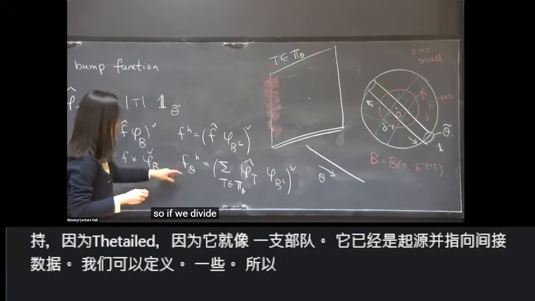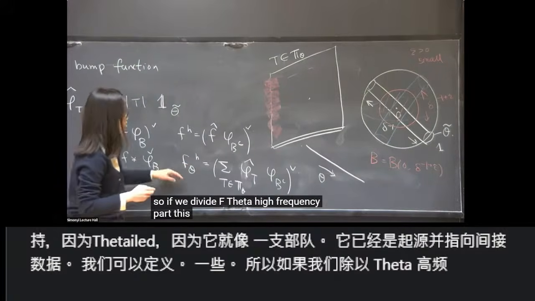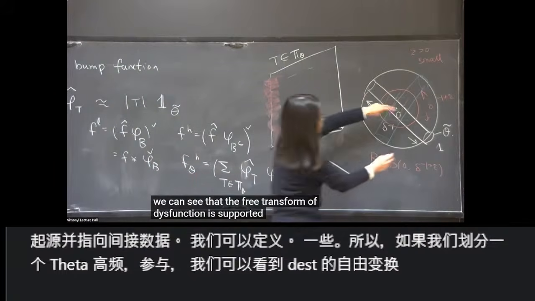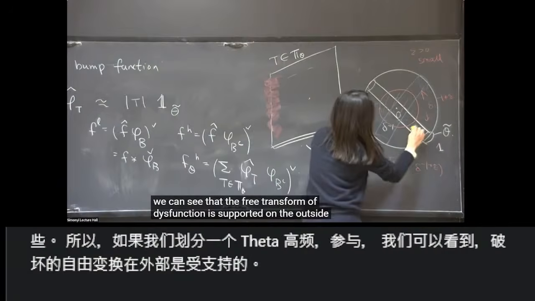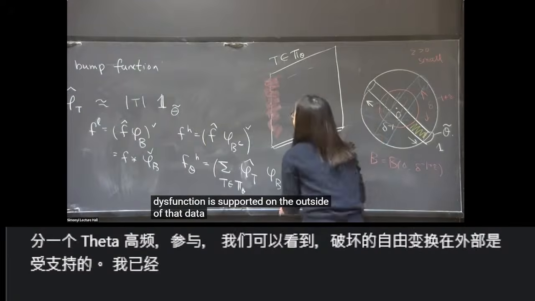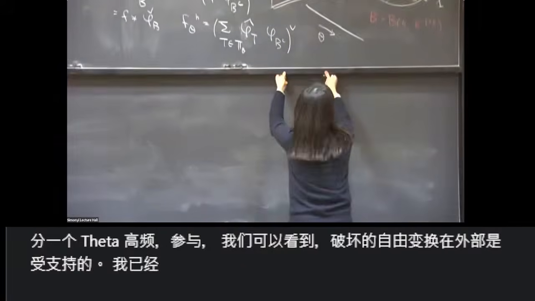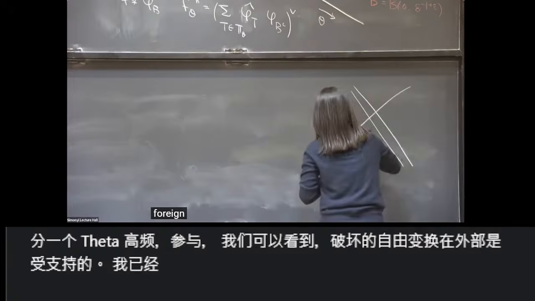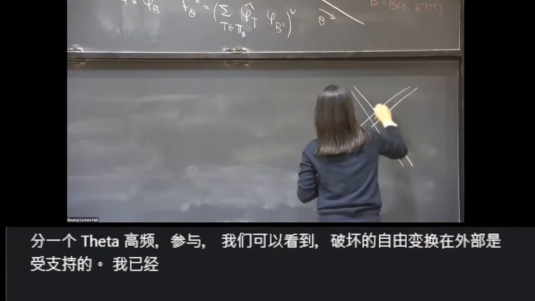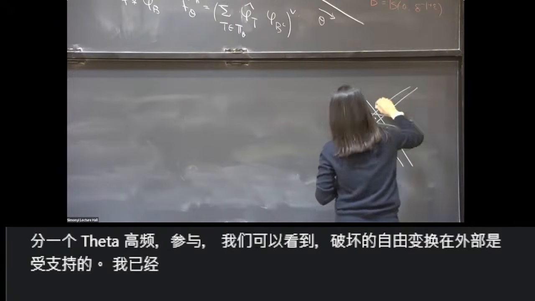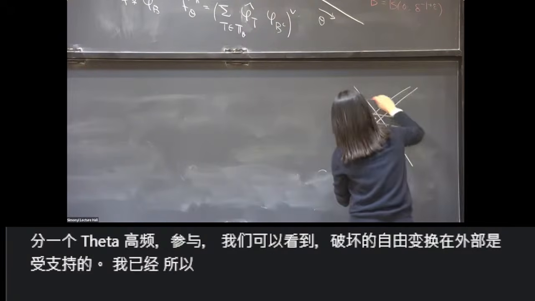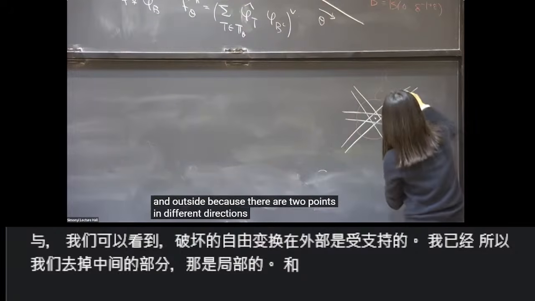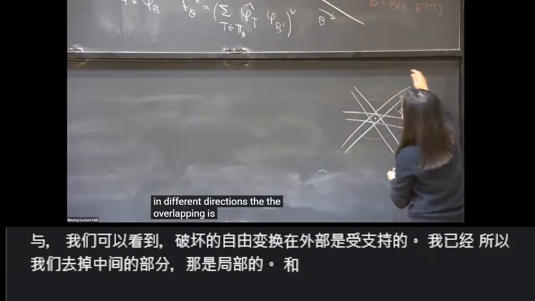If we define the high frequency part f theta this way, the Fourier transform of this function is supported outside of theta tilde. We take off the middle part, that's the low frequency part. And outside, because the tubes point in different directions, their overlapping is very small.